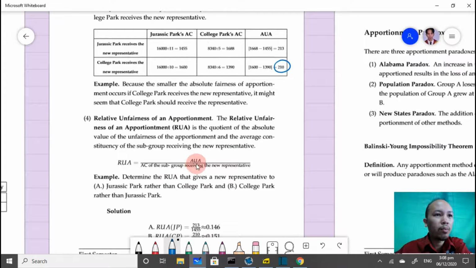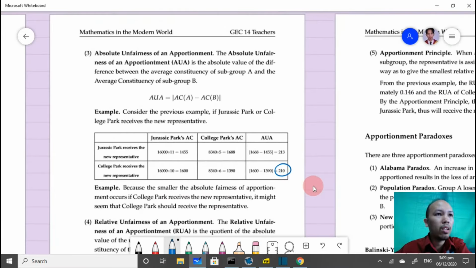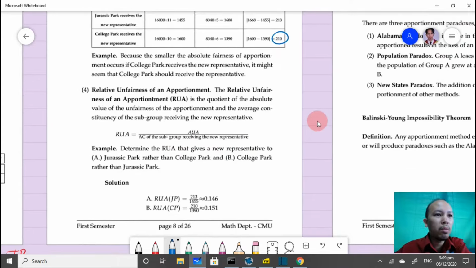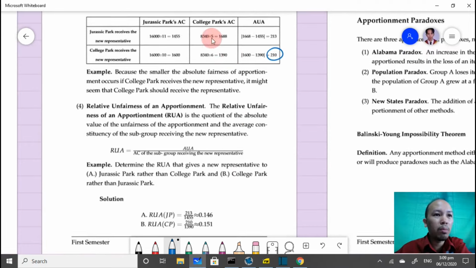Average, and this one is AUE, the absolute unfairness of apportionment, and then get the AC of the subgroup receiving the new representative. Okay, so from here, make this table. So the formula is this one.